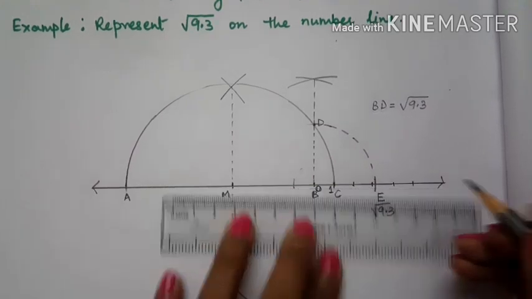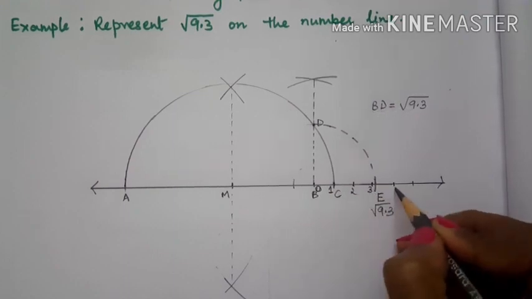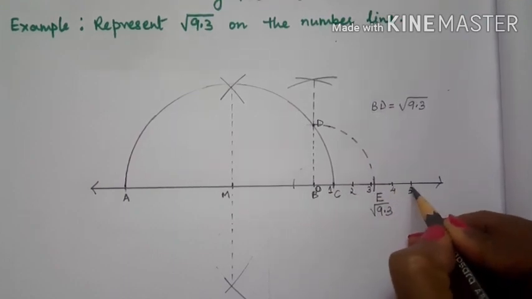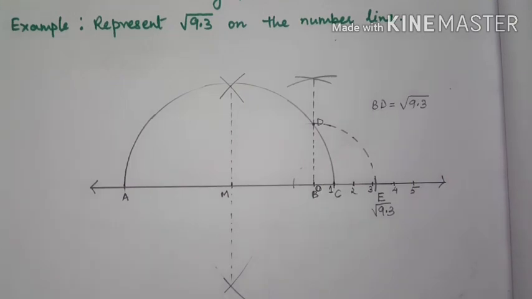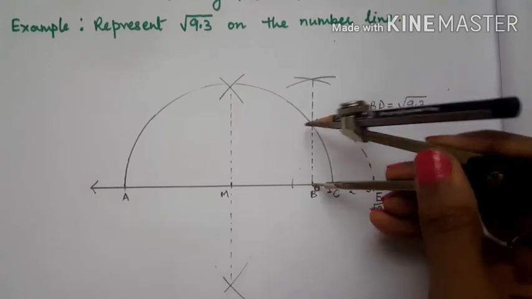Root 9.3 will lie very close to 3, between 3 and 4. And don't forget to put the arrows.